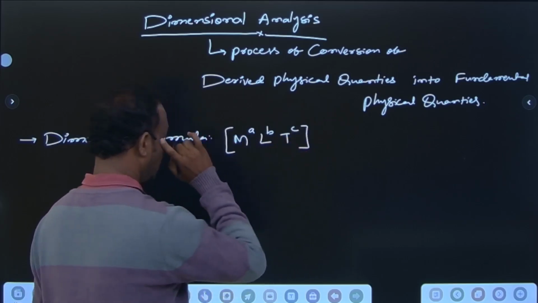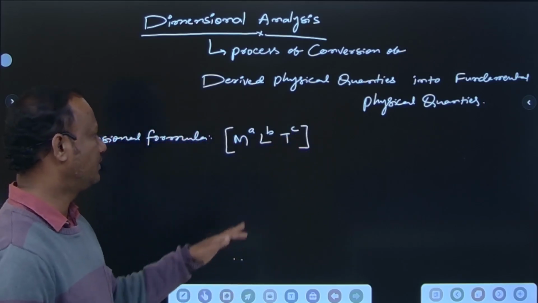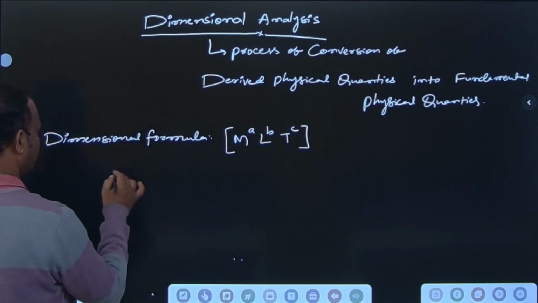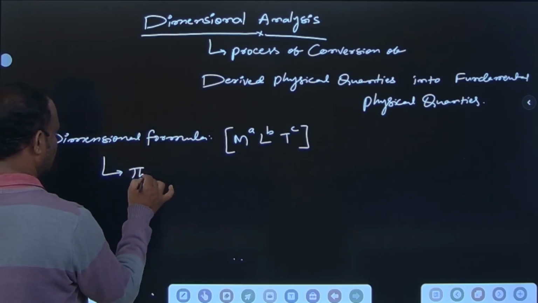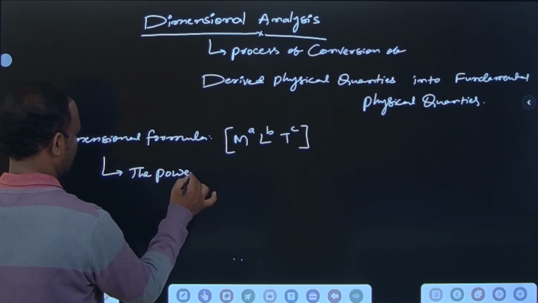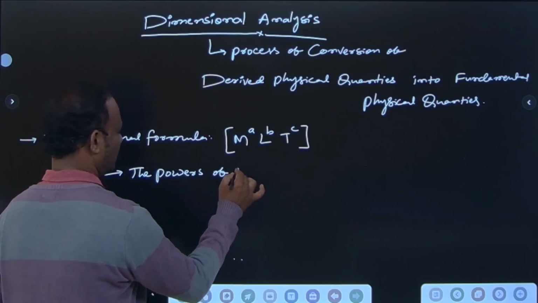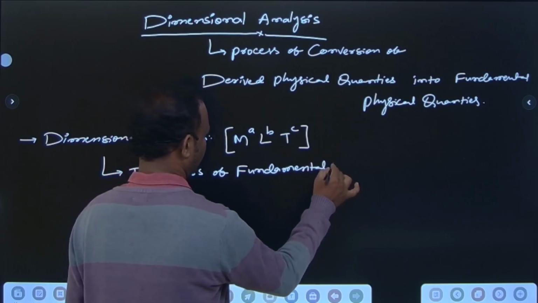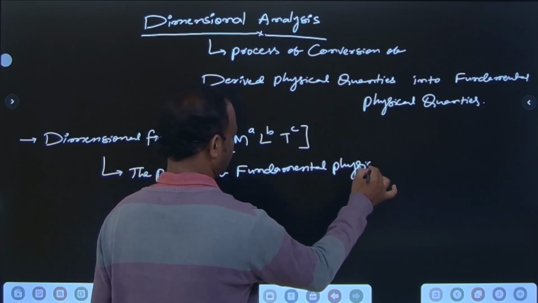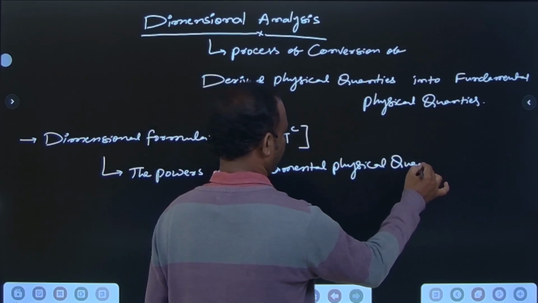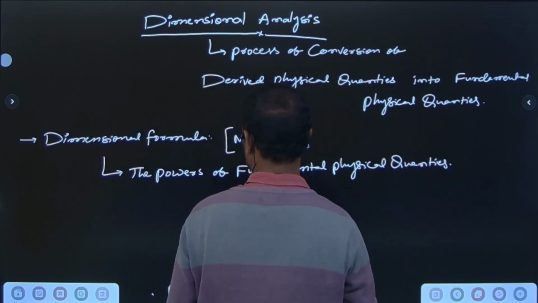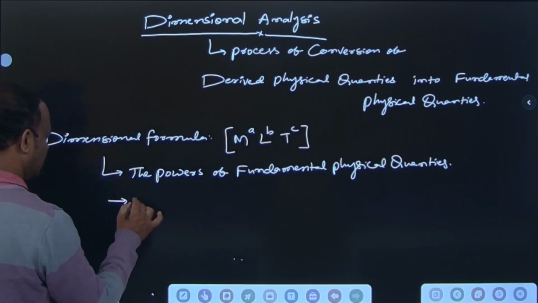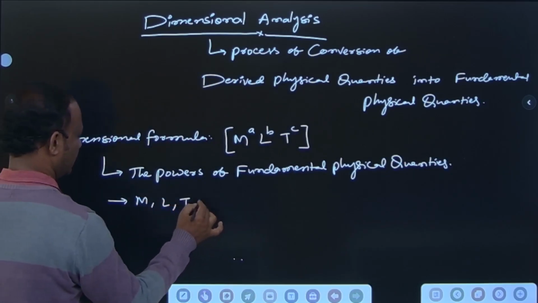Sir, you are writing only three, so the remaining also we can write, a total of 7. The dimensional formula is the powers of fundamental physical quantities. Here we can say M, L, T, and so on.